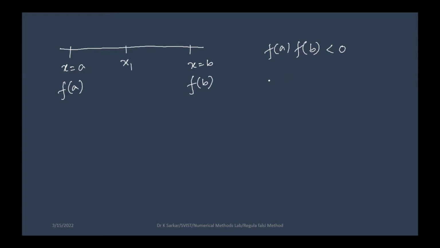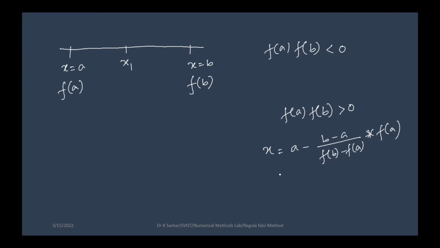Now in the programming code we have written that while f(a) and f(b) greater than 0, do for x equals a minus (b minus a) by (f(b) minus f(a)) multiplied by f(a).